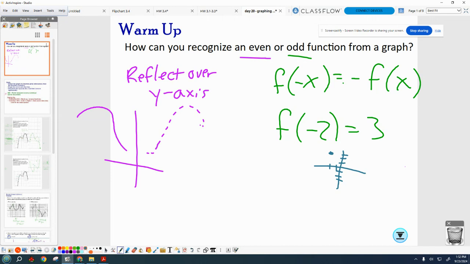So f of negative x, so the opposite of negative 2 is positive 2, has to equal the opposite of this guy. So basically, if the coordinate negative 2, 3 is on it, its counterpart, because it's odd, switch the signs. That one also needs to be on there.